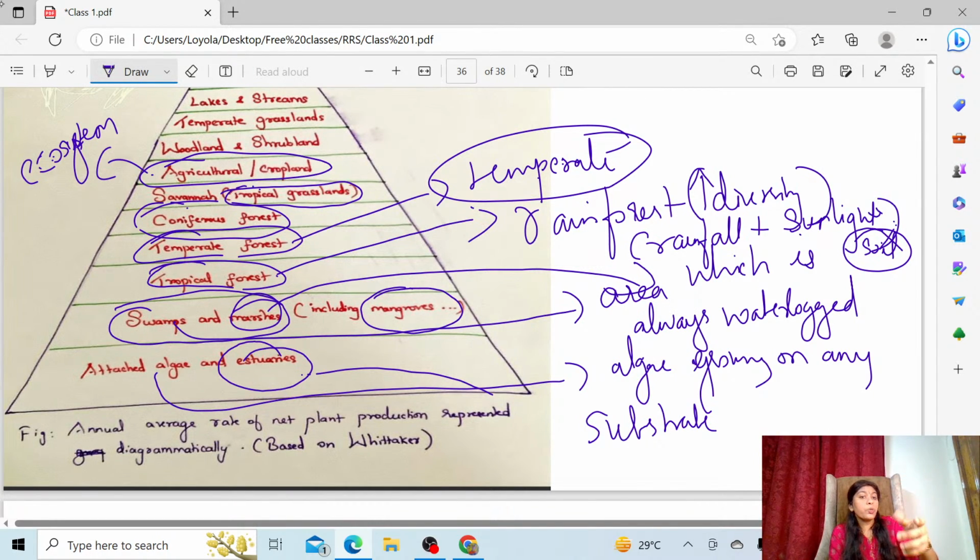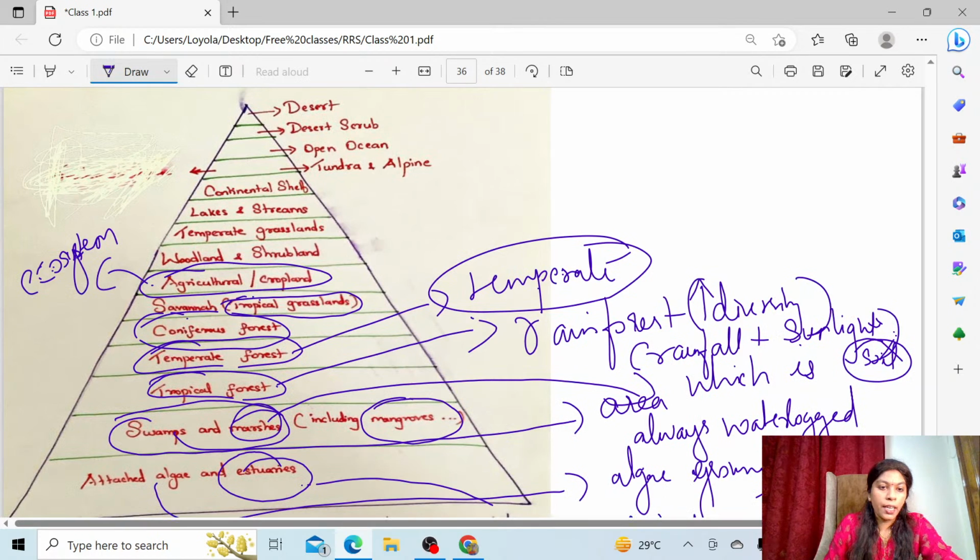But the third kind of ecosystem is the agricultural or cropland ecosystem. It's a man-made, artificial ecosystem. But depending on that cropland, a lot of organisms survive, which leads to productivity also. So after the tropical grasslands we add agricultural cropland, and then comes woodland or shrubland, as you can see here.